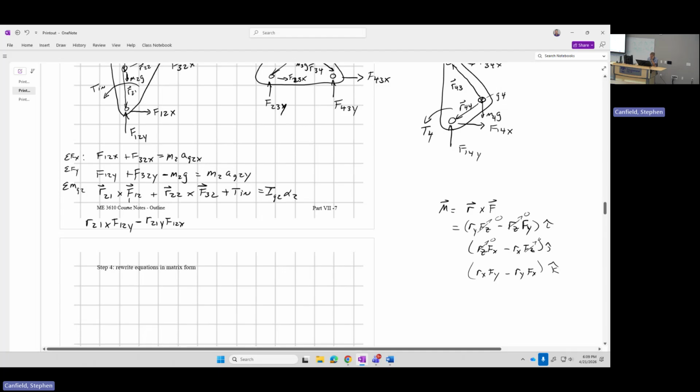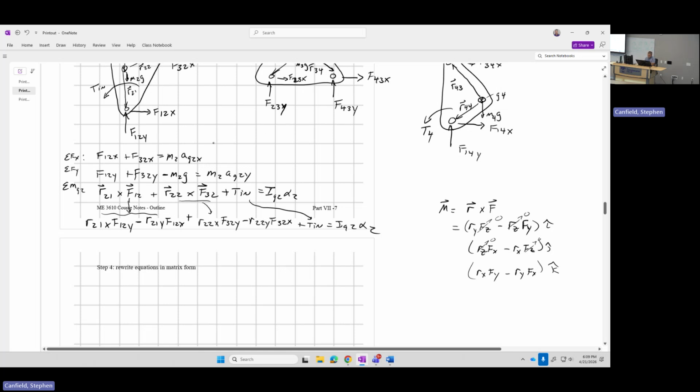That's my first term. Plus this guy, R22x F32y minus R22y F32x. And then finally, I get this term plus Tn equals Ig to alpha 2. Voila. Okay, that's how I do it.